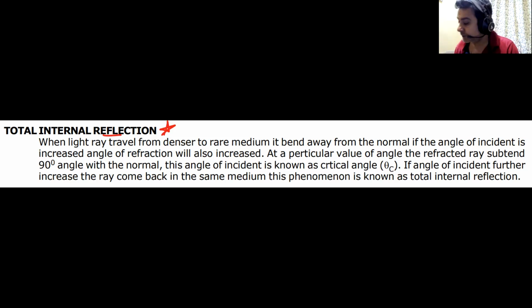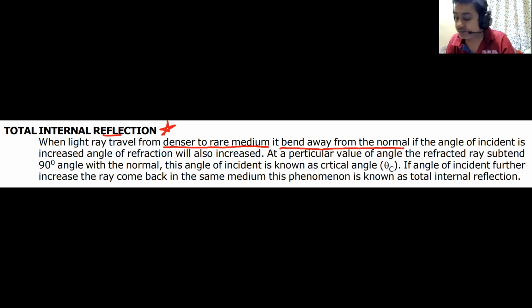Now remember, what happens when light travels from denser medium to rarer medium? Denser medium speed is less, refractive index is more. Rarer medium speed is more, refractive index is less. The light will bend away from the normal.